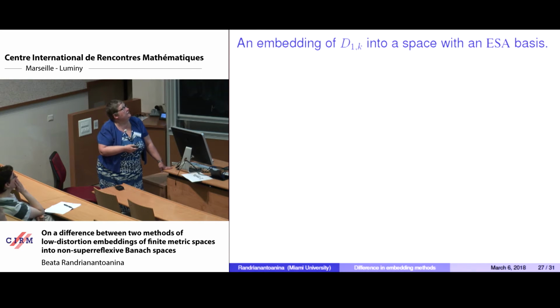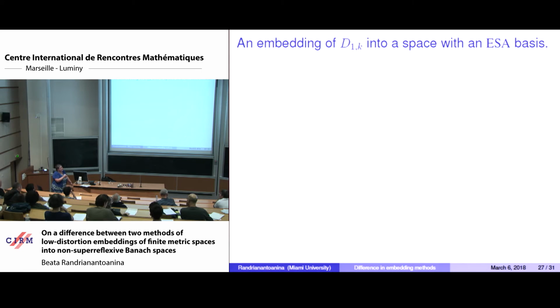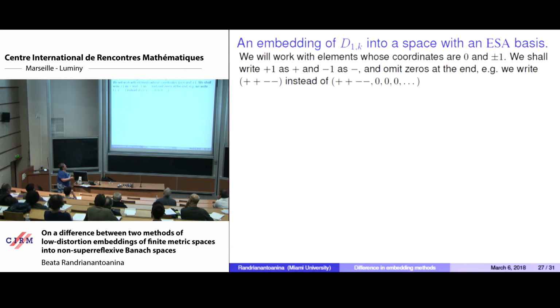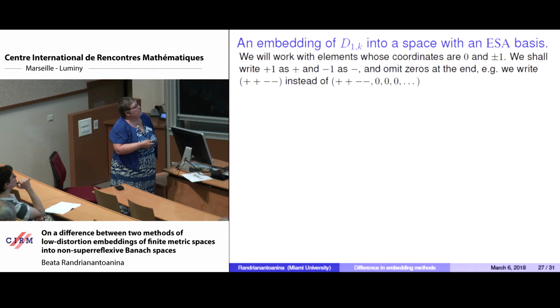Okay, so I want to describe an embedding of this D1K, right? This is our crucial embedding. The embedding I'm going to describe is actually going to be vertically exactly faithful, not even with any epsilon, because I am having the exact ESA basis. So the elements I will work with will have coordinates 0 and plus minus 1.